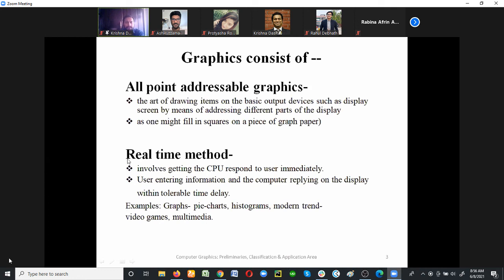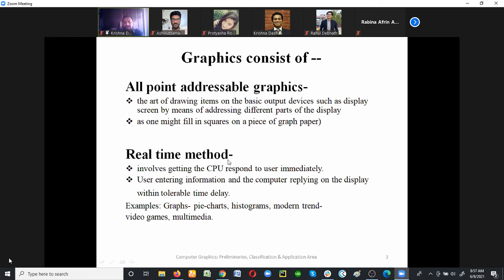Here we can see that it's a black color, those specific point values are the values for the black color, so that it creates that shape. The rest are the white color, so that's why you can see it, right? So that is the most important concept for all point addressable graphics.